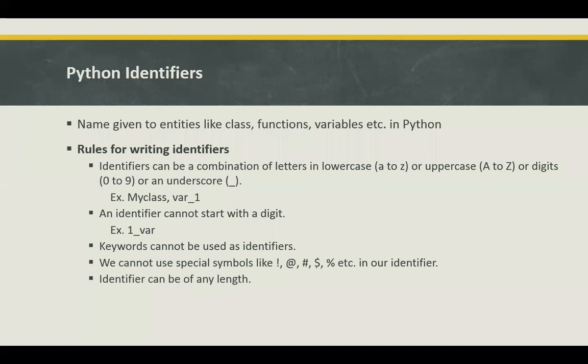We'll see the example here. In my class, M is capital and the remaining letters are in lowercase. Here you will find a combination of the letters VAR, then an underscore symbol, as well as a number. So your identifier could be a combination of all.